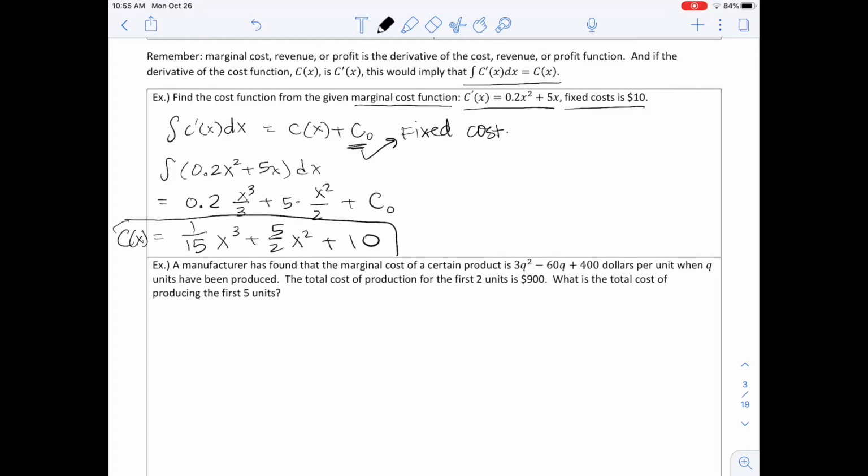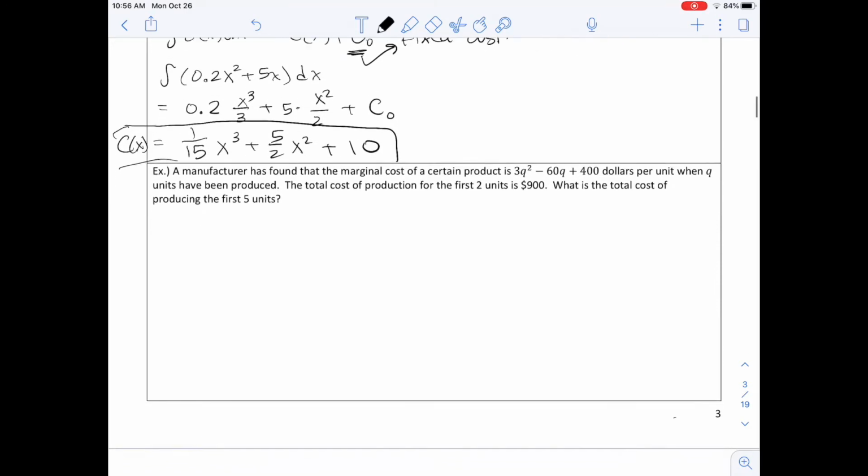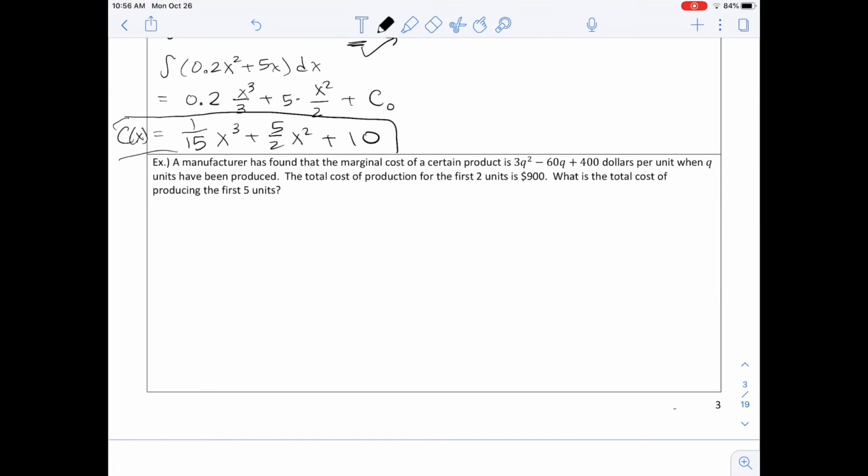The next example that we have says a manufacturer has found that the marginal cost of a certain product is 3q squared minus 60q plus $400 per unit when q units have been produced. The total cost of production for the first 2 units is $900. What is the total cost of producing the first 5 units?